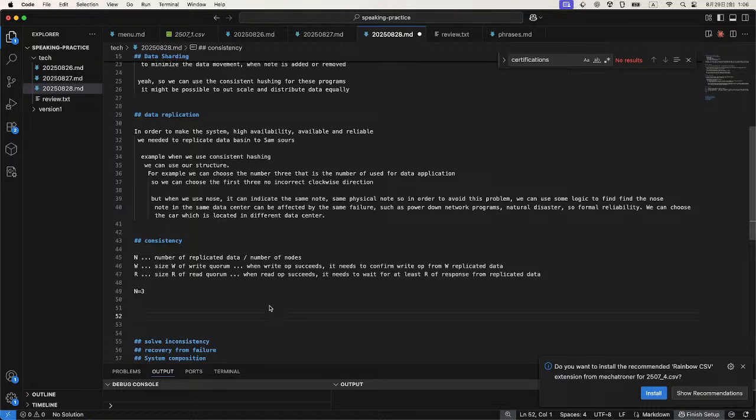When W or R are more than 1, the system can obtain good consistency, but the coordinator should wait for multiple responses, so the query is slow.